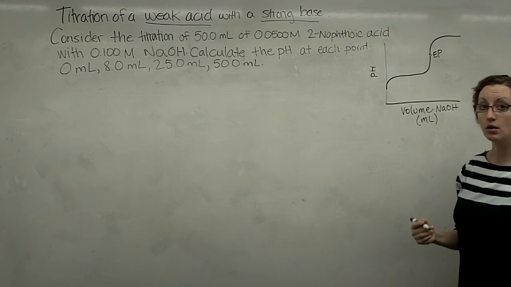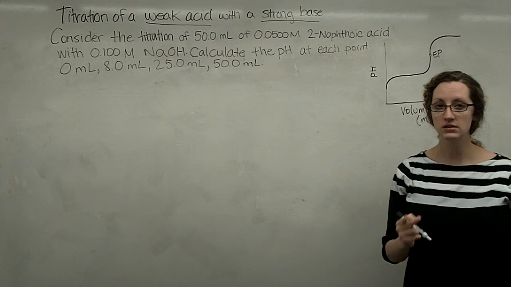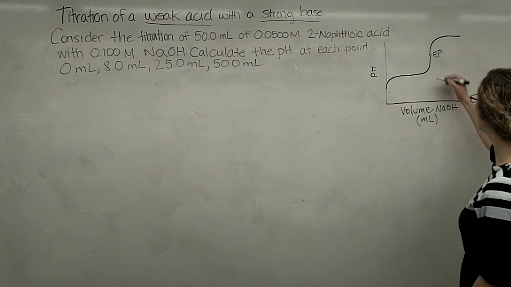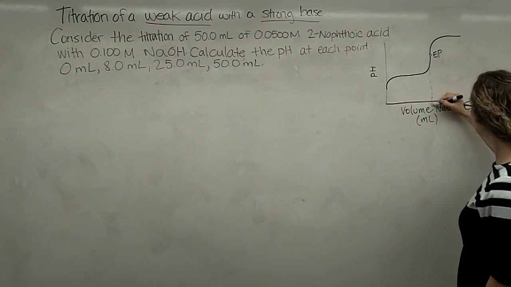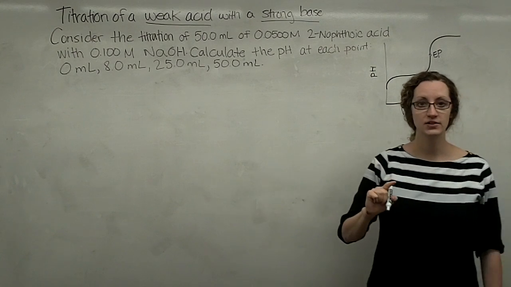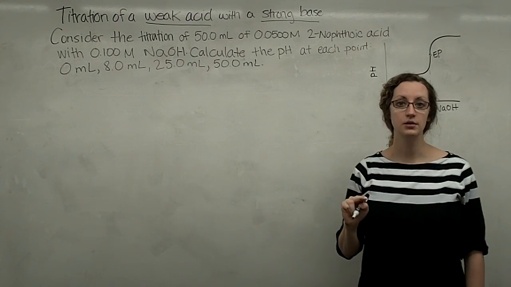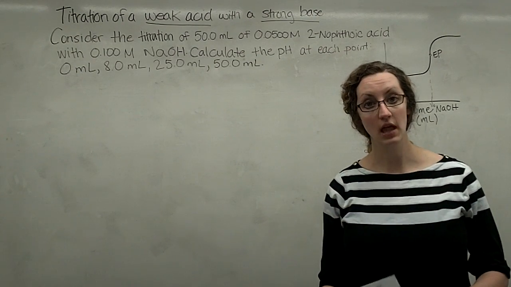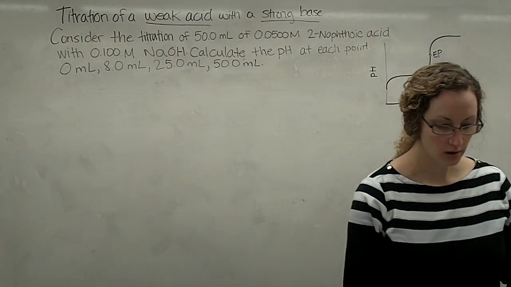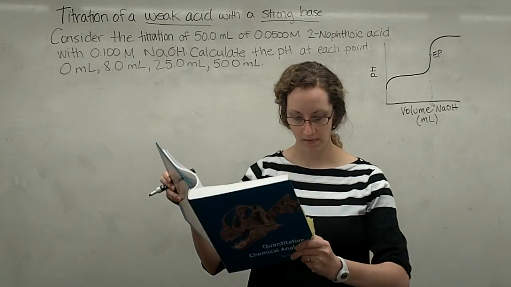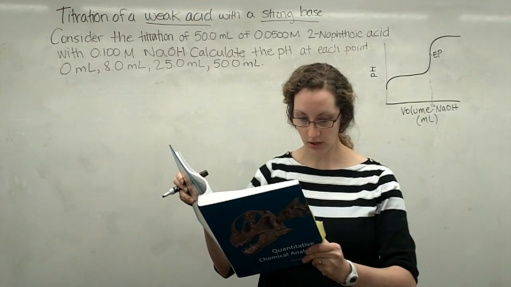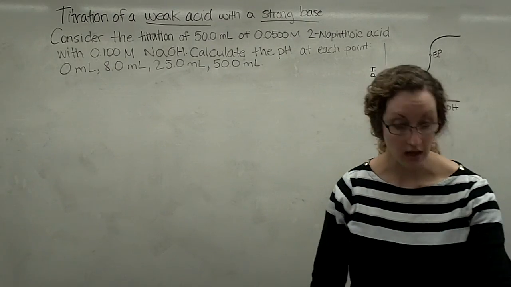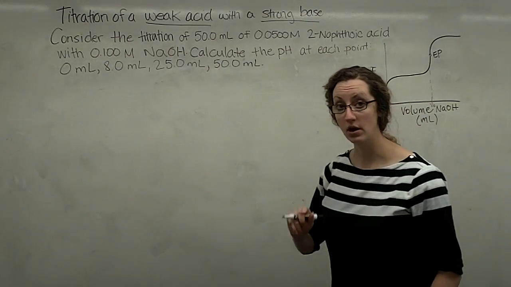The first two things whenever you see a weak acid problem is that you want to find the volume at your equivalence point, V sub E, very first thing. The second thing is to find the pKa. For this particular problem, you look at it in your book, in the appendix on page 30, where there's 2-naphthoic acid, and the pKa is 4.16.